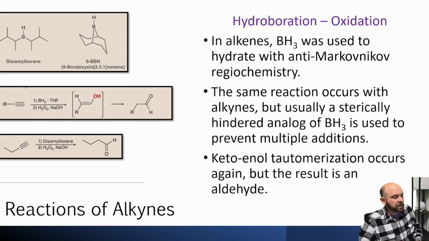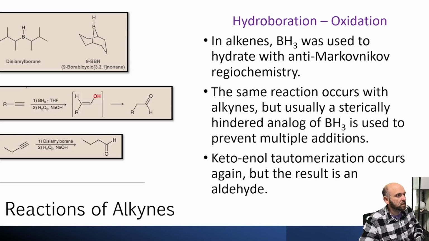So the next reaction we'll look at is hydroboration oxidation. This is a way to add that double bonded, that carbonyl O, to the other end, the non-Markovnikov end of the molecule. We saw the same thing with the alkenes using BH3, but in the case of the alkynes, we use bulkier analogs of BH3.